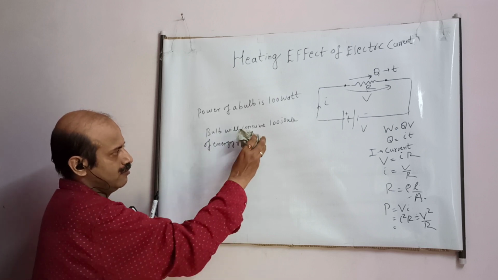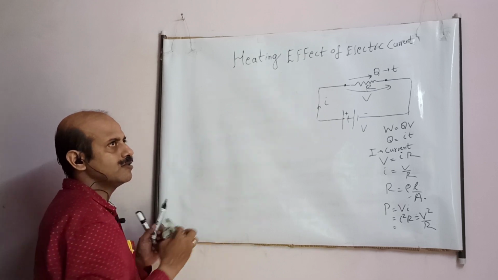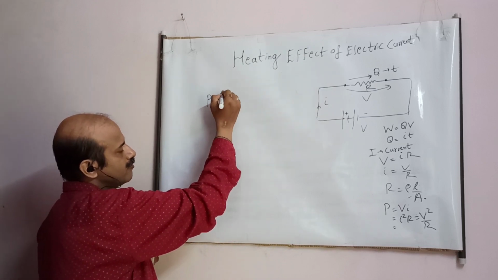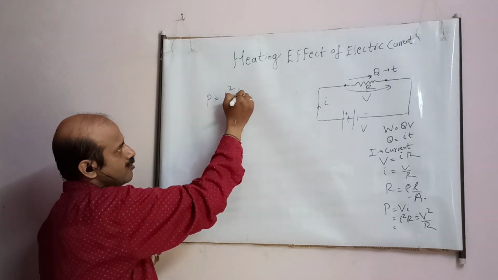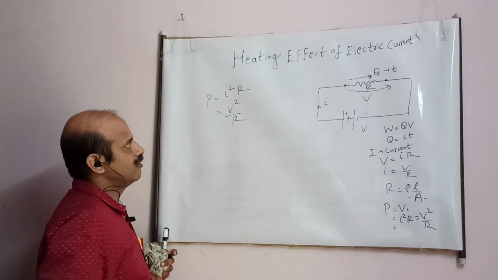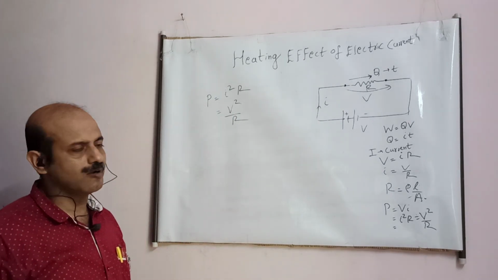Now to clarify the difference of the two formulas, student, one formula we got is I square R. This formula actually confuses us many times, student. To make it clear, I am solving one numerical.